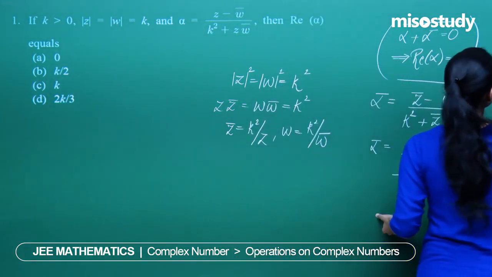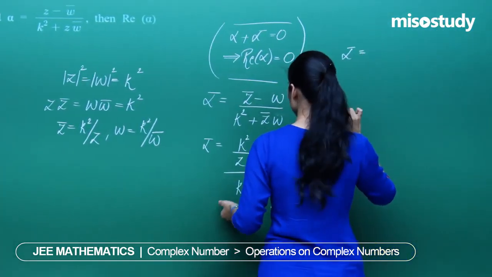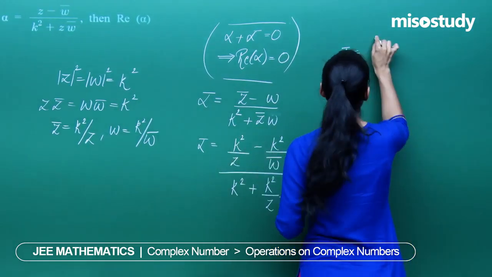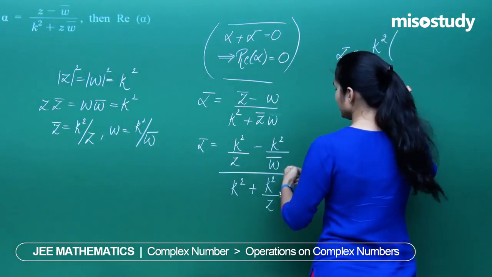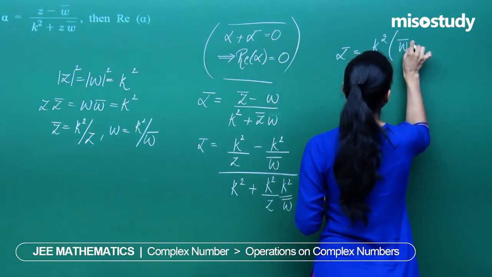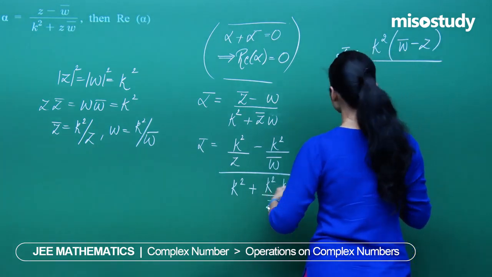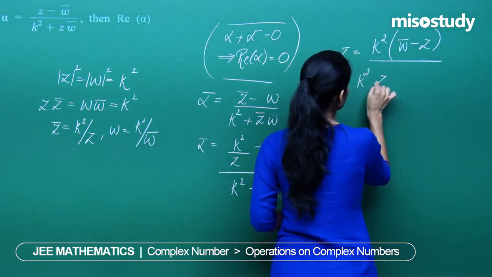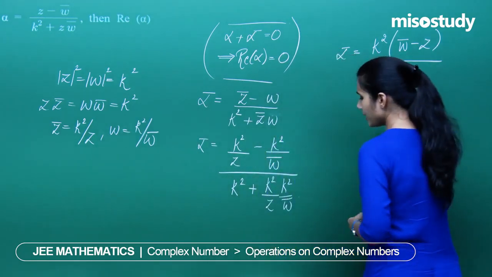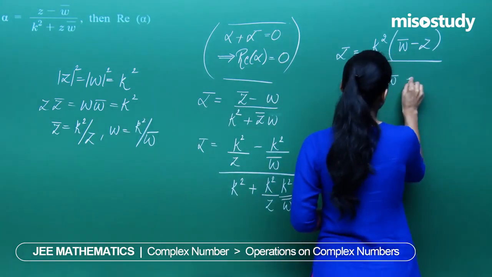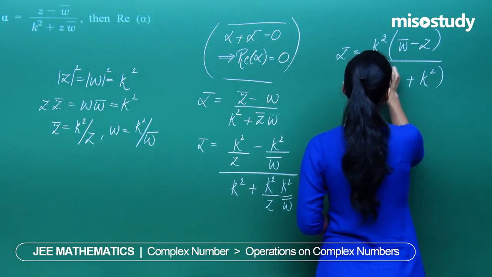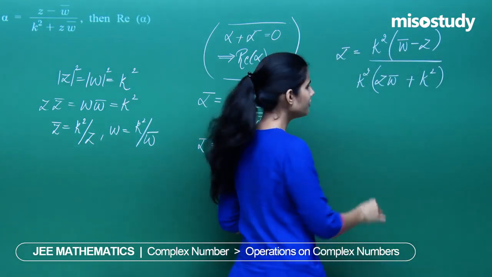Simplify this, and what you get is alpha bar is k square common, w bar minus z, whole upon, again you can see, k square z w bar plus k square into k square. So k square can come out common and this is what you have.